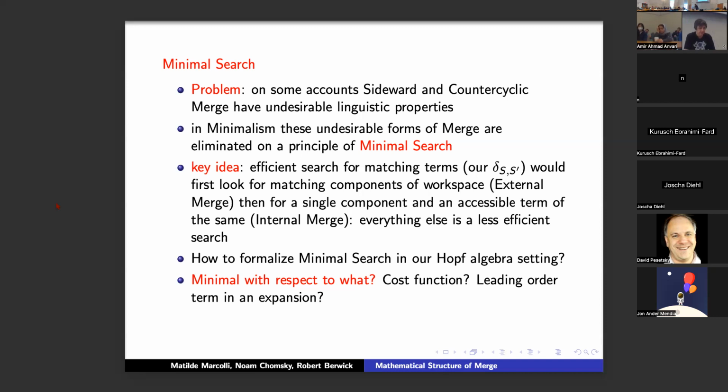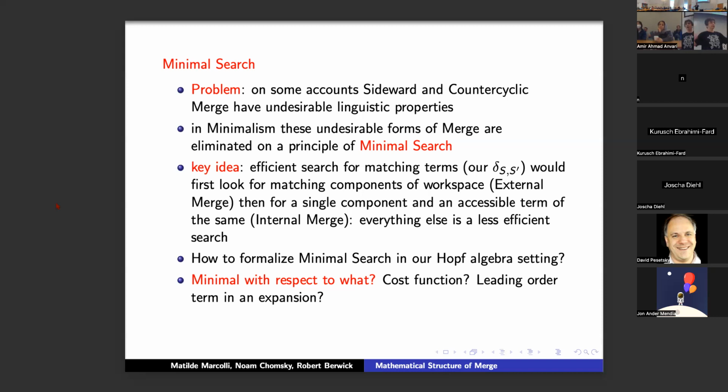Okay, so let me get to the other forms of the merge that we don't necessarily want to have. Usually this is discussed in terms of some kind of economy of computation argument. There's a stage where you have all your possible accessible terms and you're searching through them.